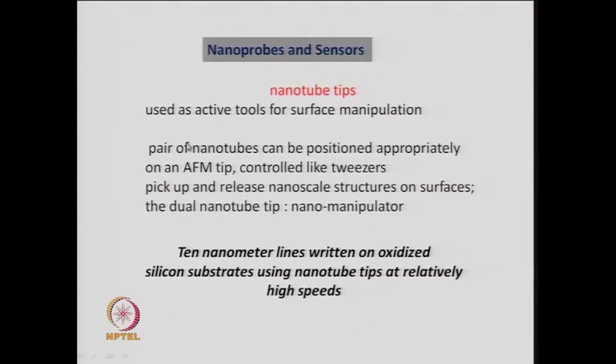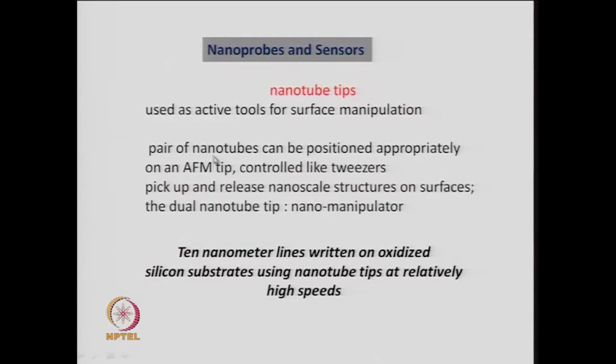So, if you have, instead of one nanotube, suppose you have a pair of nanotubes which are placed appropriately on an AFM tip, then you can bring this pair of nanotubes very close to, say, a biomolecule or some nanoscale structure on a surface, and then you can hold that nanostructure with this pair of nanotubes, and you can pick it up and then release that structure at some other place.